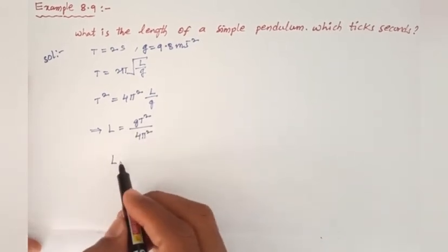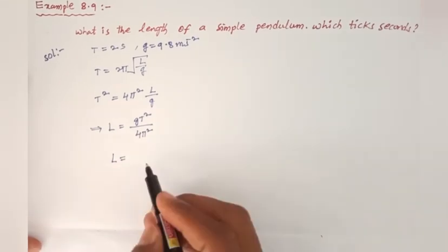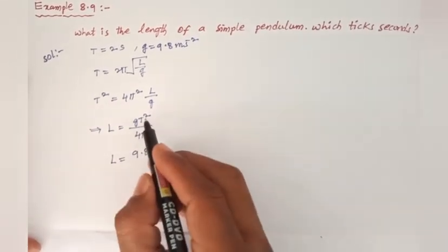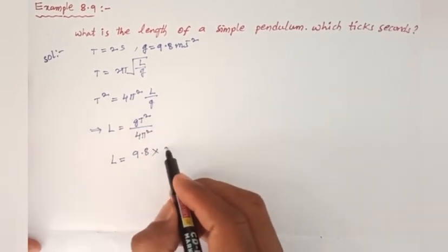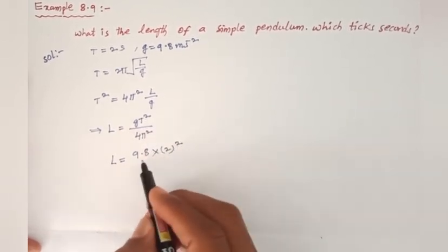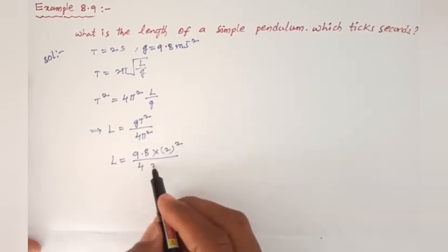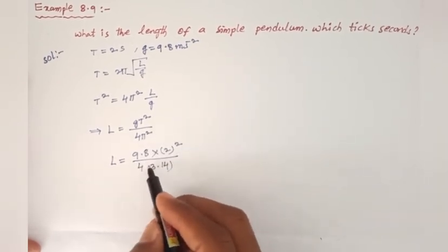L equals 9.8 into T equals 2 whole square by 4 into pi equals 3.14 whole square.